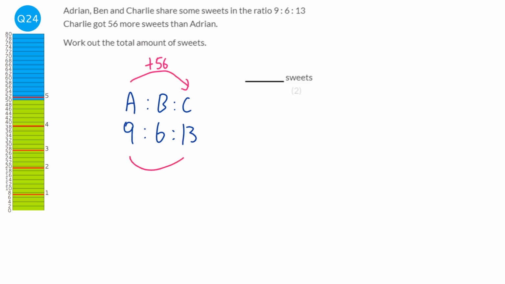Well, looking at the actual parts of the ratio, there are 4 more parts. So plus 4 parts, which represent plus 56 sweets. So the 4 extra parts are worth 56 sweets.